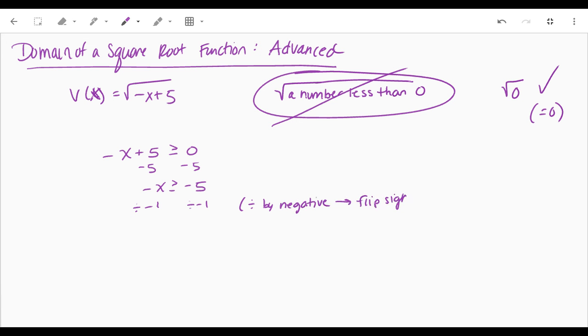So x is less than or equal to 5. Now interval notation again: any values from negative infinity up to 5 and including 5. That will be our domain.